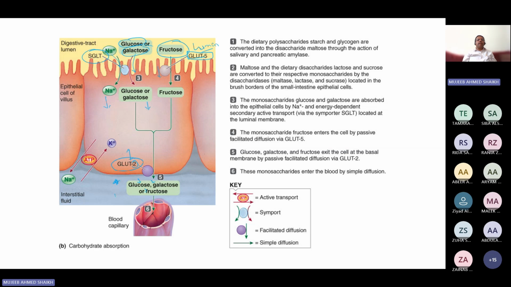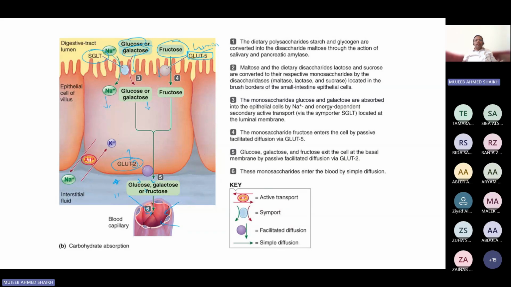And after that, once glucose, galactose, fructose are in the interstitium, it will join the blood or reach the capillary simply because of movement from higher concentration to lower concentration. Higher concentration in the interstitium, lower in the blood, so it will move into the capillary. Okay, this is the absorption of monosaccharides.